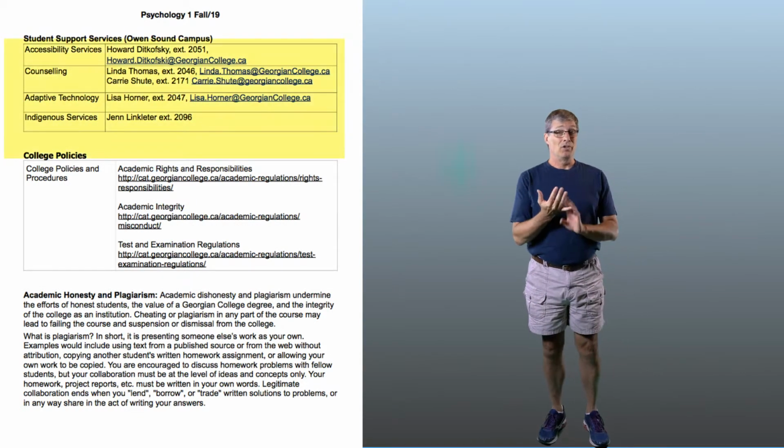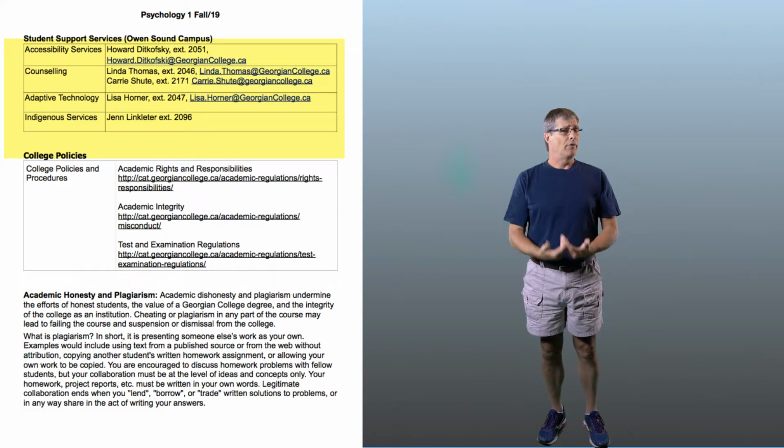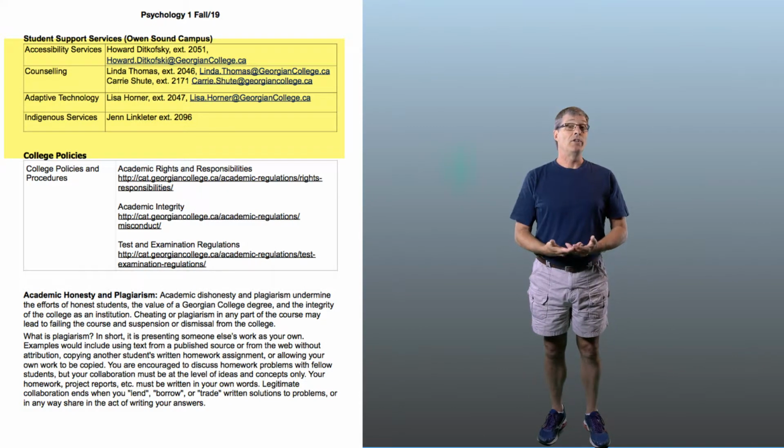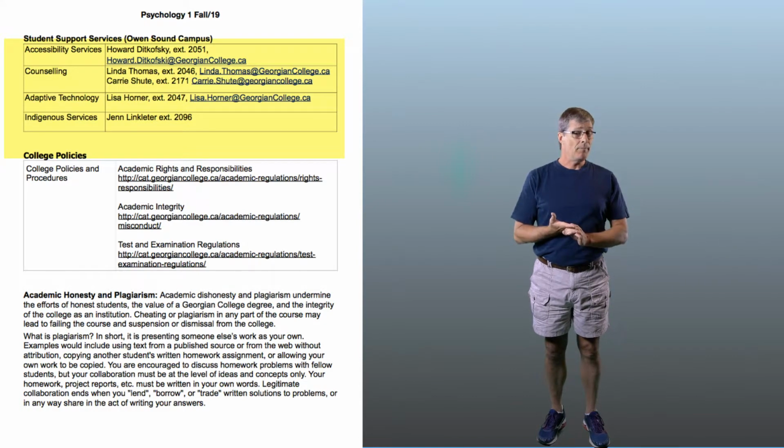And then the last page here, we're just looking at student services. They're a free service that you, well, not exactly free, you pay for them with part of your tuition, and so they're available for you to take advantage of when you need. There's counseling for academic, personal, and career.